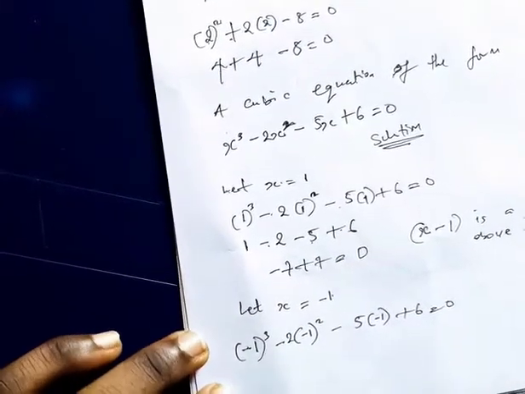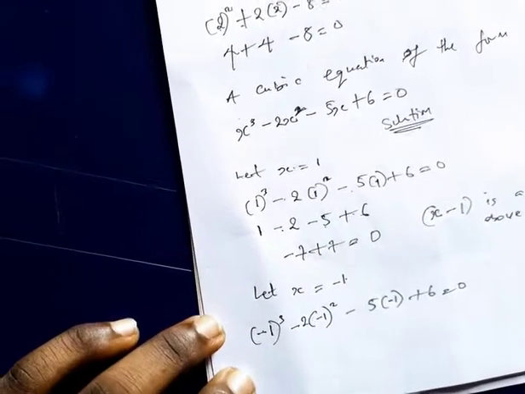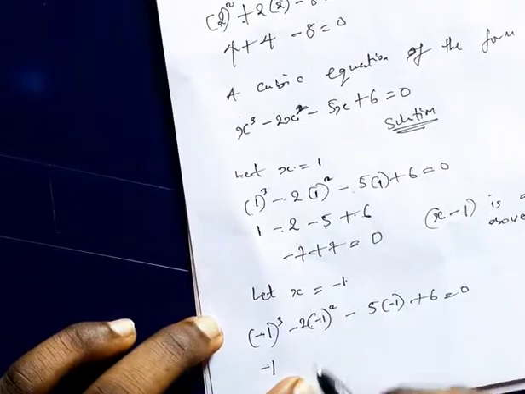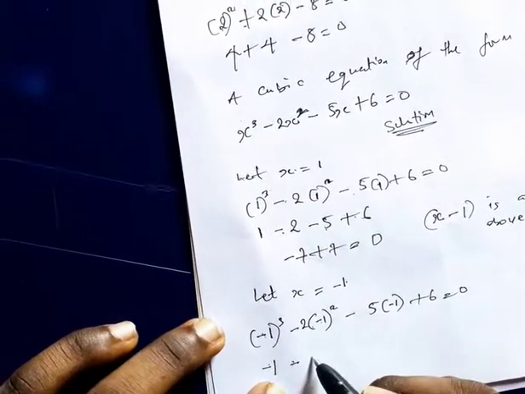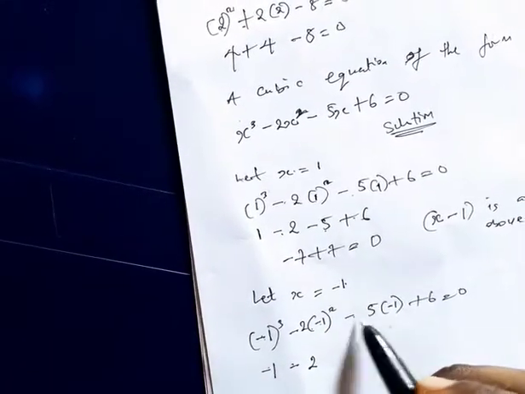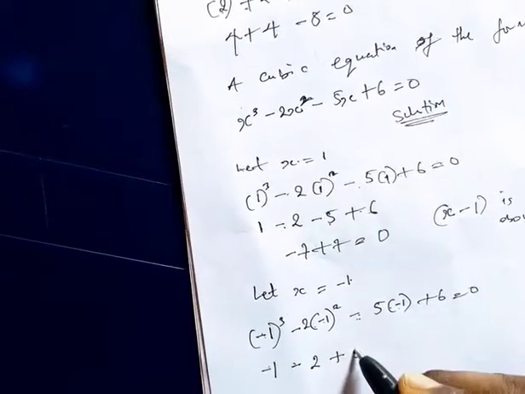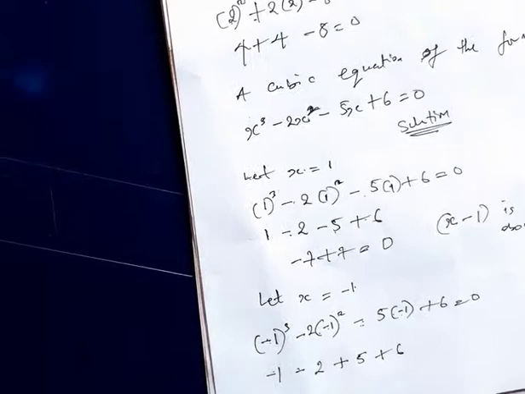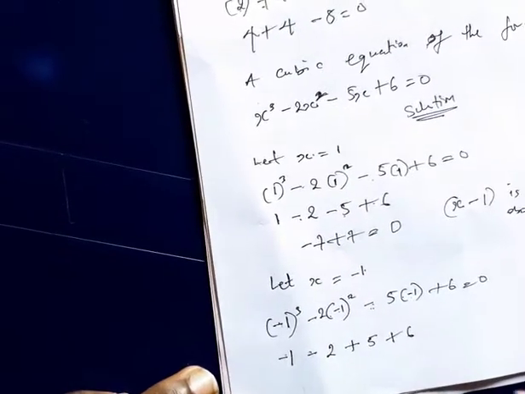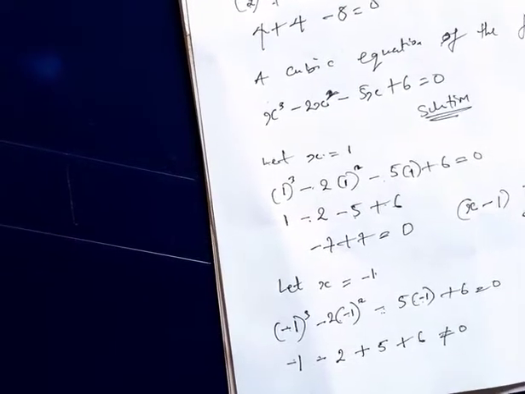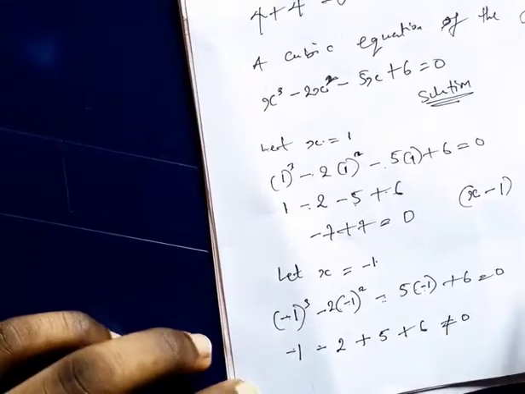Let's see if it is equal to 0. This gives me negative 1, and this gives me negative 2, and this gives me positive 5 plus 6. Now from what we are seeing here, it is not equal to 0. So we'll try another value of x.